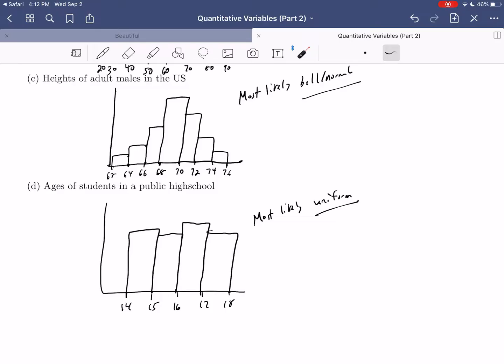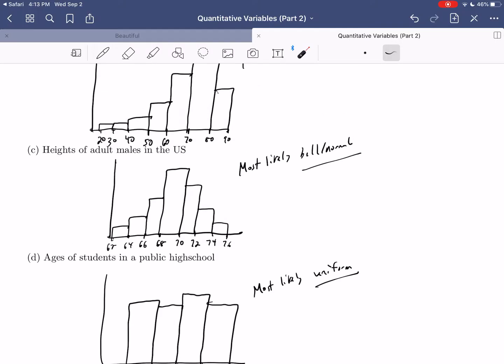People who were seniors leave and are no longer in the school. So it's that artificial construct of the high school that makes this follow a uniform distribution. If we looked at ages of people in the country, it is certainly not uniform. There's not the same amount of people who are 25 as there are people who are 95. So it's the fact that we're looking at a high school that makes it most likely uniform.